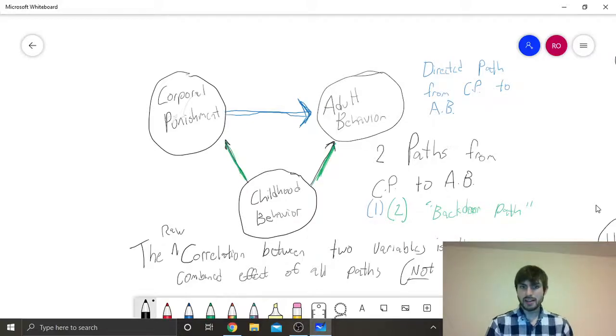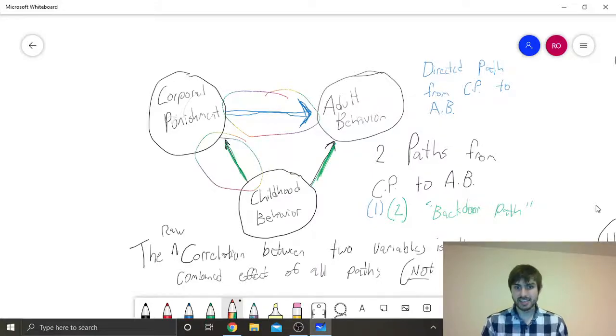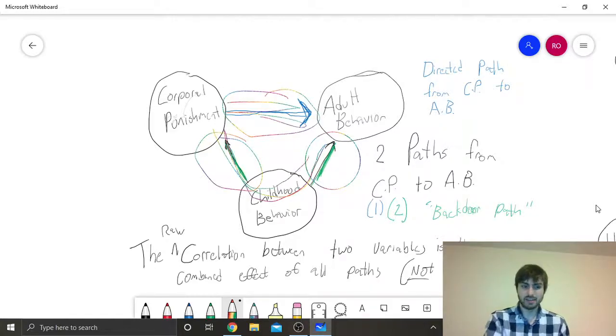What that means is that there was that study we talked about in the annual review of pediatric medicine or whatever, where they found that corporal punishment was correlated with adult antisocial behavior. But that correlation is not just this effect here. It's kind of the sum total of this effect and this effect, or this path here plus this path here.